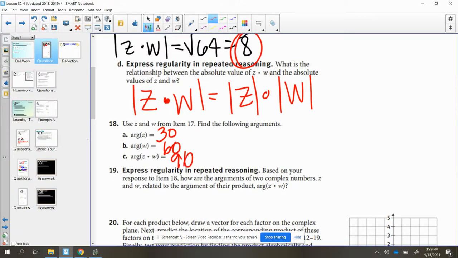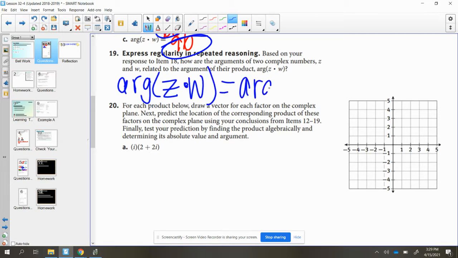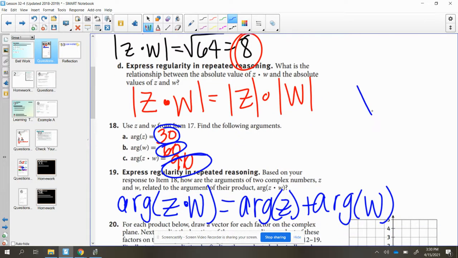So this time, what's the relationship between 30, 60, and then 90? Well, on this one, what we're seeing is that if you add the arguments together, you get the argument of the product. So you're adding them to get the product. Okay, so both of those are really important formulas to know.